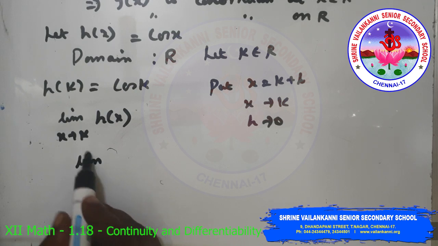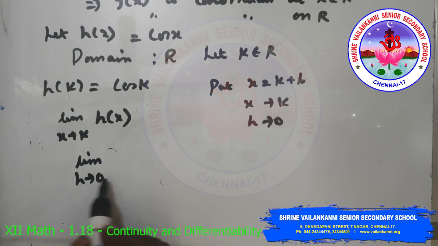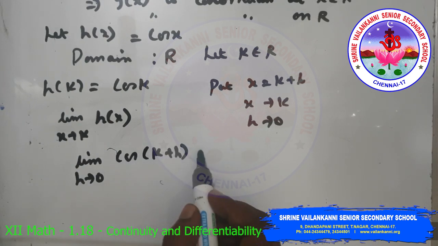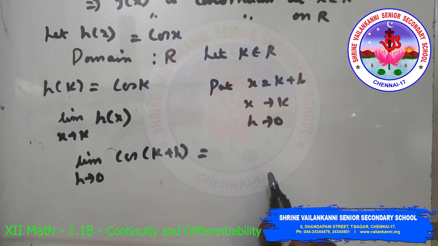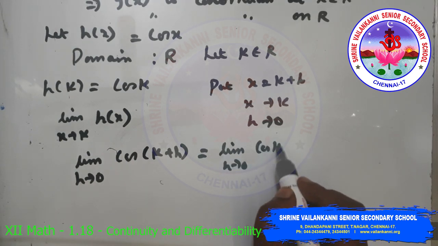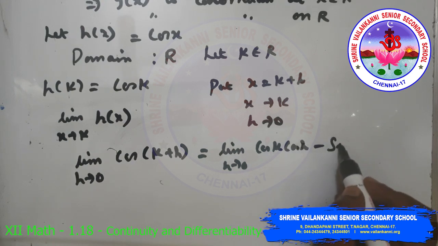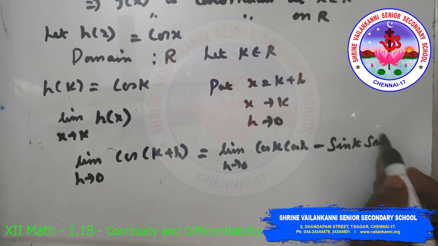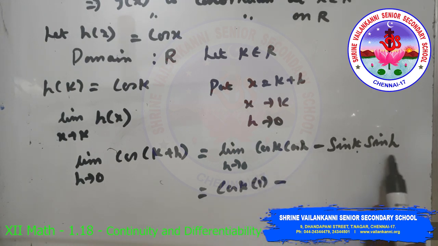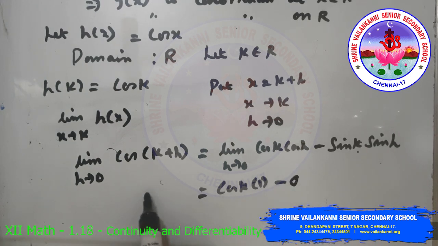So this becomes limit h tends to 0 of cos of k plus h. Using cos of a plus b equals cos a cos b minus sin a sin b, we get limit h tends to 0 of cos k cos h minus sin k sin h, which is equal to cos k times cos 0, which is 1, minus sin k, putting h tends to 0, sin 0 is 0. So we get cos k minus 0.